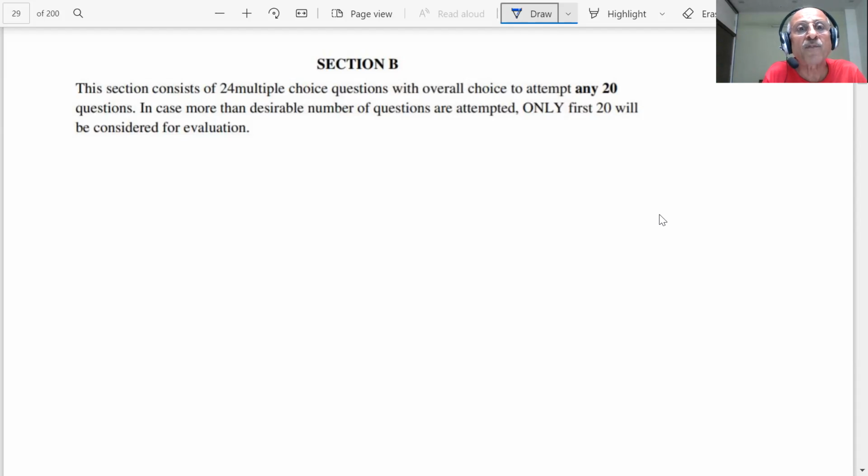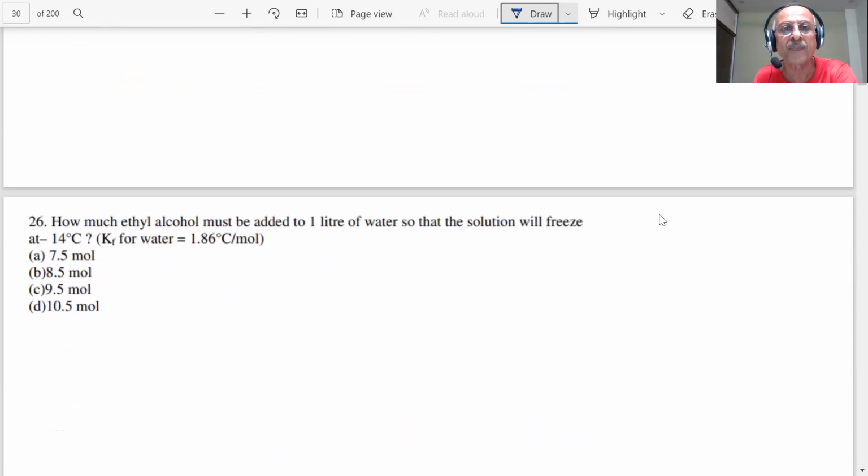Section B consists of 24 multiple choice questions, with the choice to attempt any 20. In case more than the desirable number of questions are attempted, only the first 20 will be considered for evaluation. If you write anything more than that, it will not be evaluated.